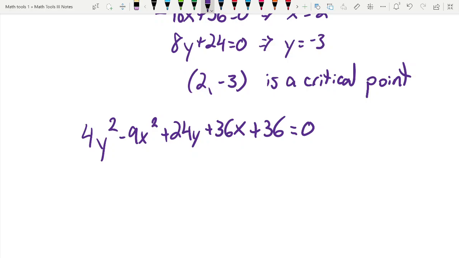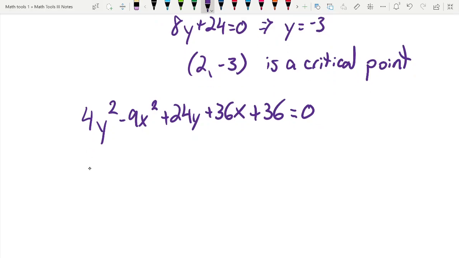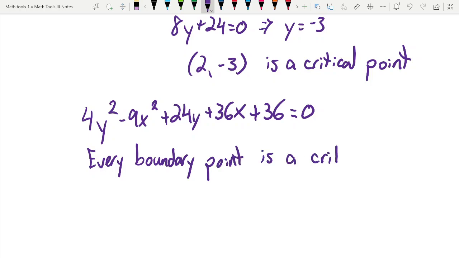So we really would just leave it like this. And we would say any point that satisfies this would be a critical point. So this is every point on the boundary of the domain is a critical point. Okay. So we would say boundary point is a critical point.